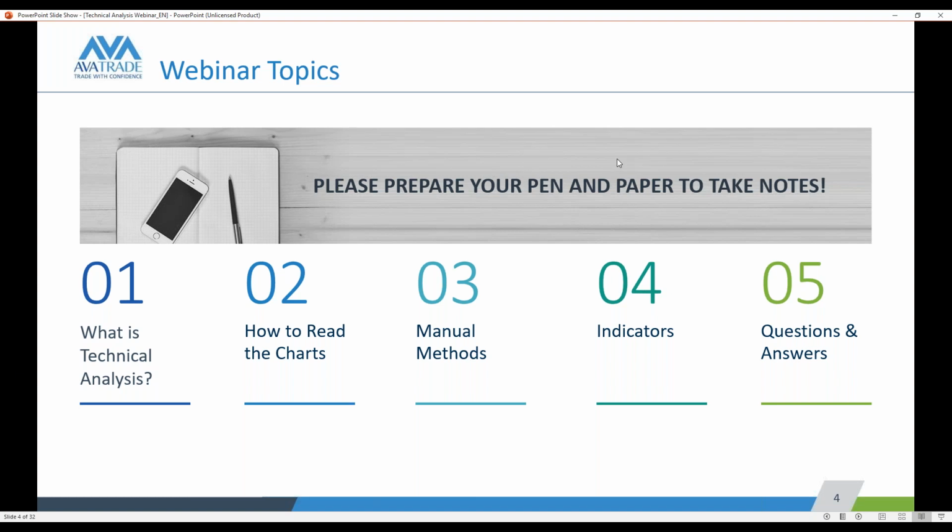Now, as we go along, on occasion, we add indicators such as RSI or Fibonacci levels, whatever the case may be. These indicators are also reading those same movements. And that's why I like starting with the idea of manual methods in the webinars so that you understand what those indicators are actually looking at.